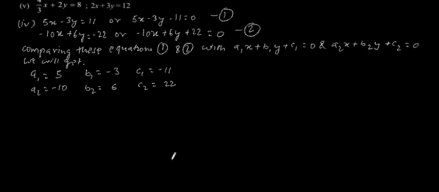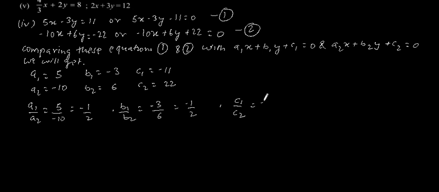Now a1 by a2 is equal to 5 by minus 10, which is equal to minus 1 by 2. b1 by b2 is equal to minus 3 by 6 is equal to minus 1 by 2. c1 by c2 is equal to minus 11 by 22, which is equal to minus 1 by 2.